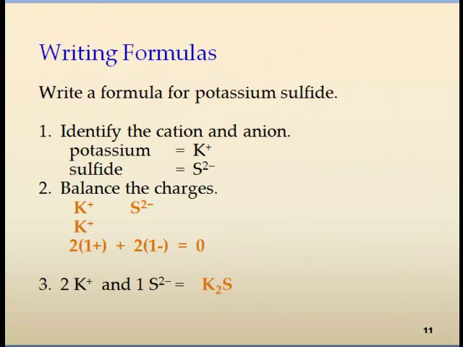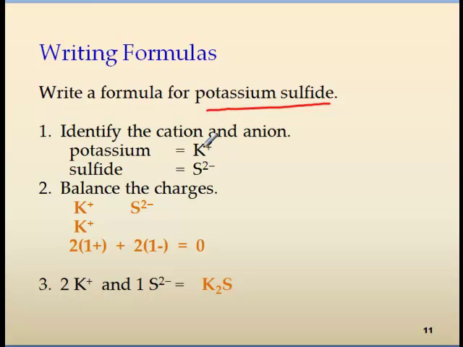One of the things that you have to learn is, given a name, how do you come up with its formula? So here's a name that's given to you, potassium sulfide. And we want to know what the formula is. Firstly, you need to know which is the cation and which is the anion. Potassium is the cation, sulfur is the anion.